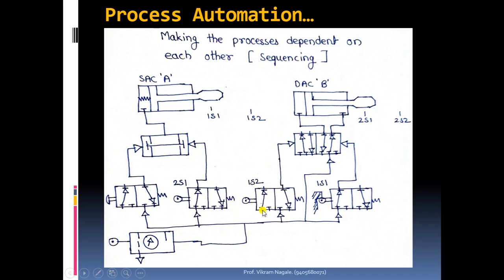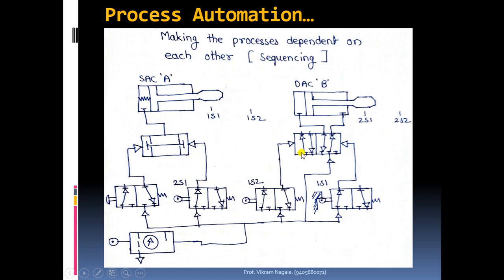The air coming at this input side will go to port 2, and as this is connected from the casing to the left side of this valve, the left side block will get active, and the connections will get shifted to the left side block for this cylinder.